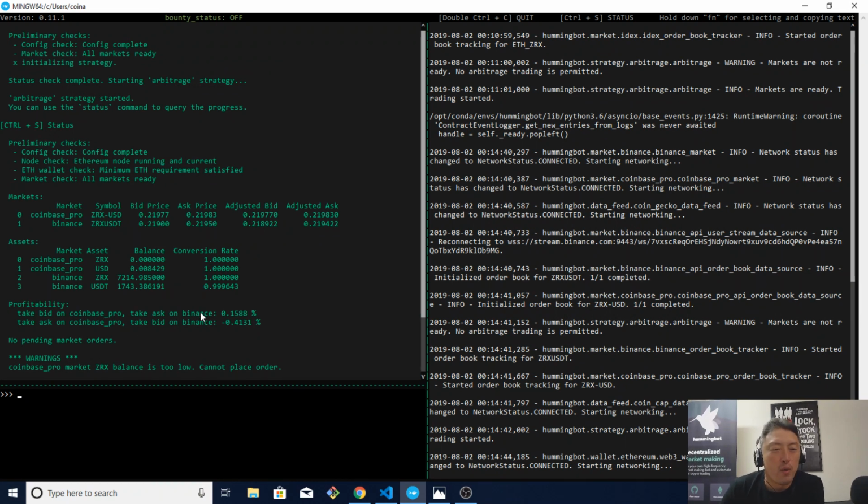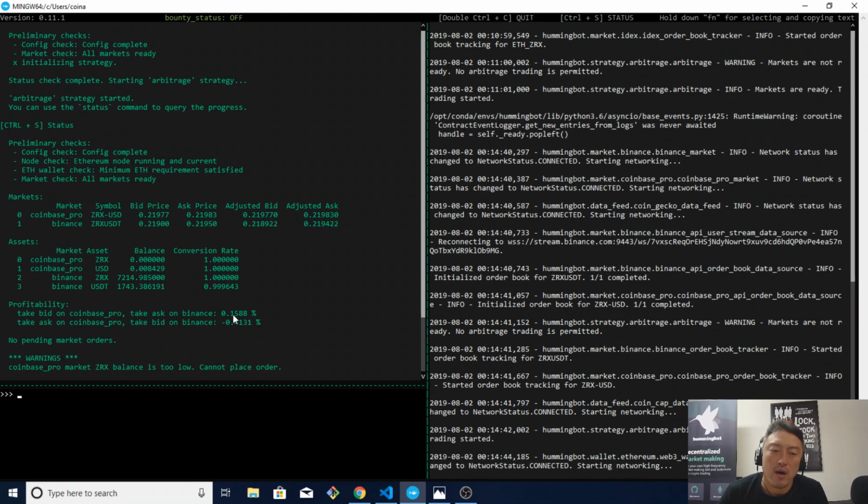Again, we can walk through the math a little bit and see why this arbitrage opportunity exists by looking at the prices. In this case, you are buying on Binance and selling on Coinbase Pro. So if we look at the ask price over here on Binance, if you buy for 0.21950, and then you sell 0x for 0.21997, you'll make a very small amount of profit.